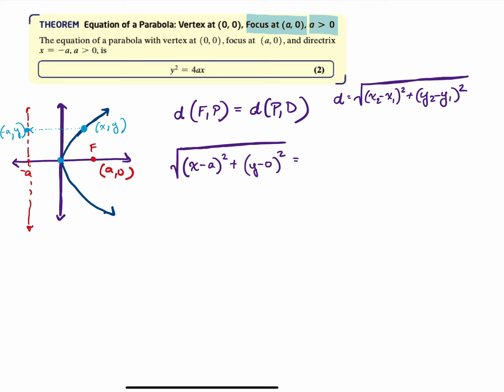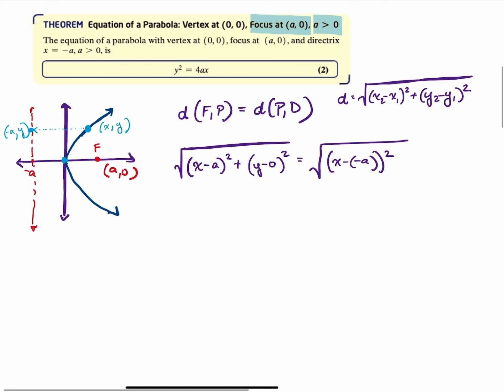And this should be equal to the distance from the point to the directrix. So that should be the square root of x minus negative a, that'll be squared. So I'm looking at these 2 points now. Plus y minus y squared, since our 2 y values are just y.